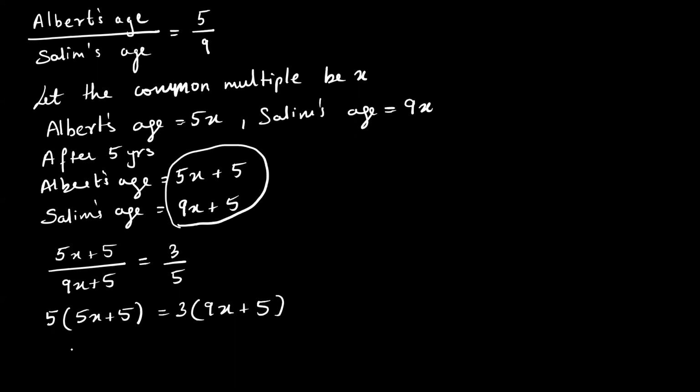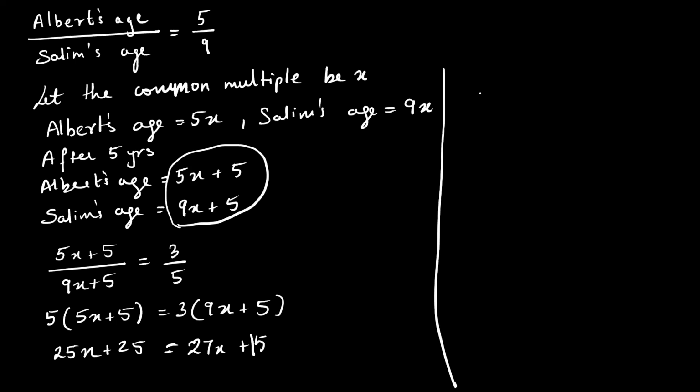Okay, open. 5 into 5, 25x plus 25 equal to 27x plus 15. Wait 1 second. 27x plus 15. Okay.